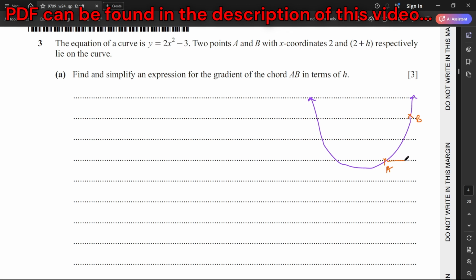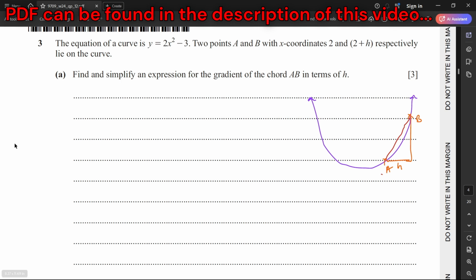That is h distance away from A. And my y, I don't know yet, so I cannot really find the change in y. But I can surely see that I'm able to get the chord between point A and point B. And this is a straight line. And because of that, I can easily find the gradient of this line if I'm having the coordinates of A and B. So the full point, x coordinate and the y coordinate for A and B, if I'm having that, I can find the gradient.